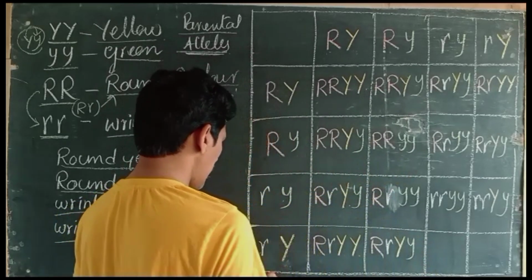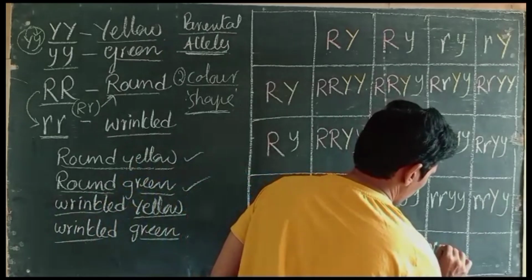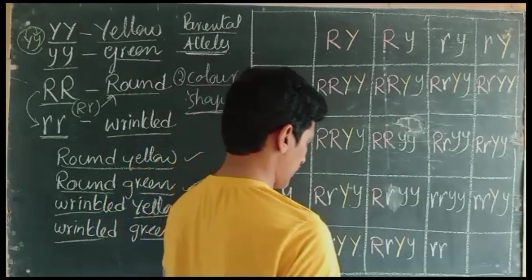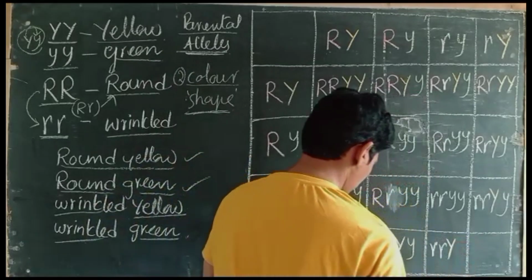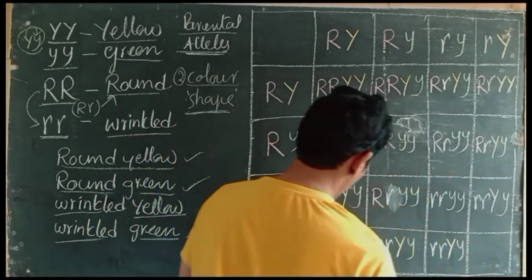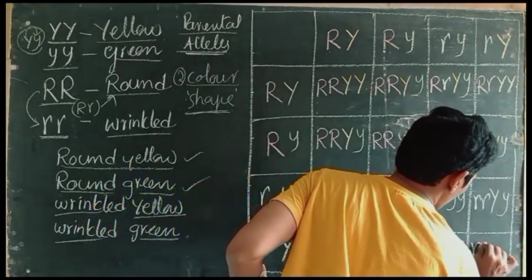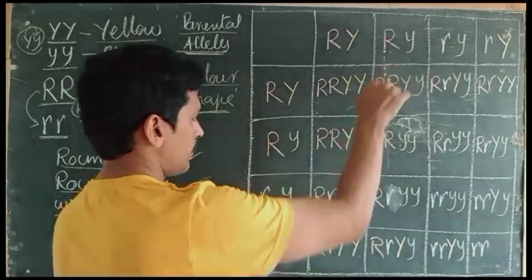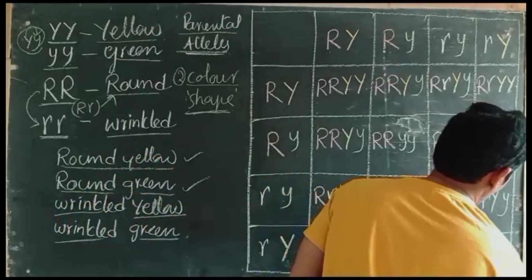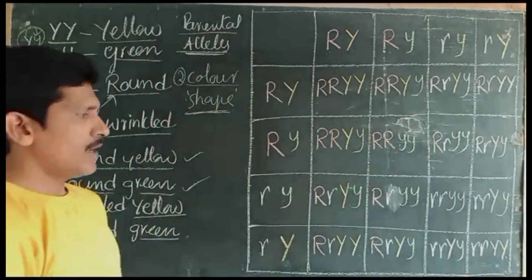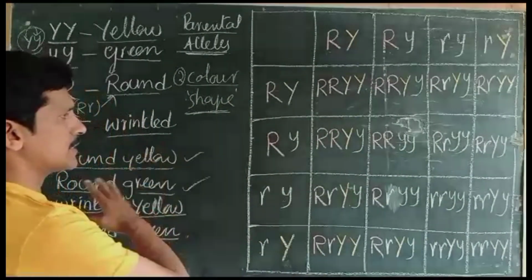Latter, smaller, and capital Y, small y, capital Y, small y. And finally, smaller, capital Y. We got finally this many products by the cross pollination of these things.